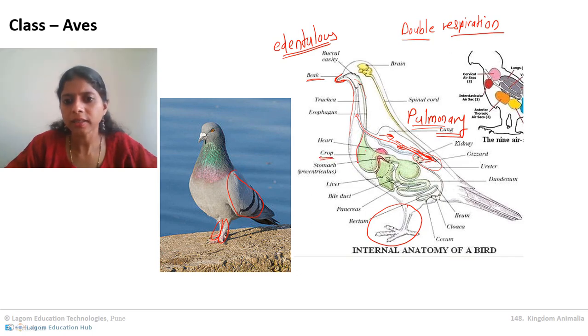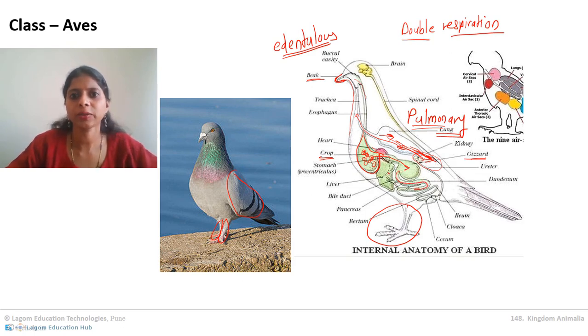This sac-like structure is called the crop. The food is stored in the crop, and it is still not digested. Here in the crop all the grains are collected. Now the grains slowly move to the gizzard, and here the grains are broken down, digestion starts, and afterward it will be circulated in the digestive system.